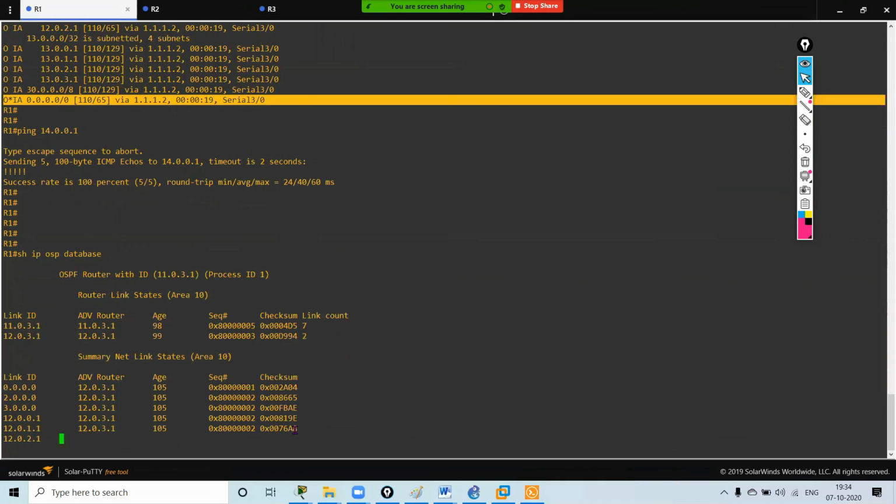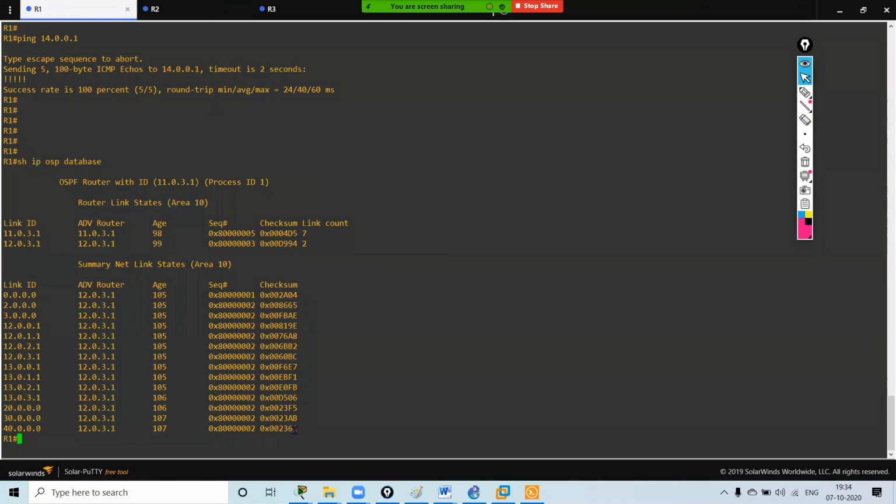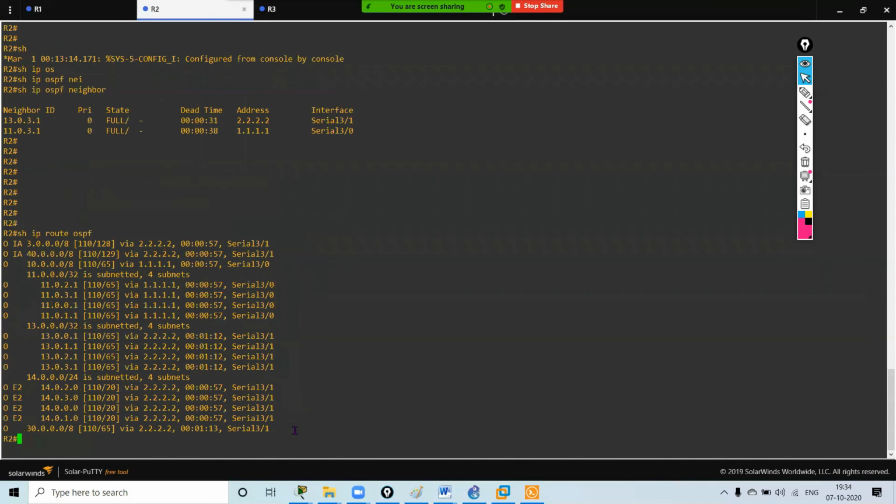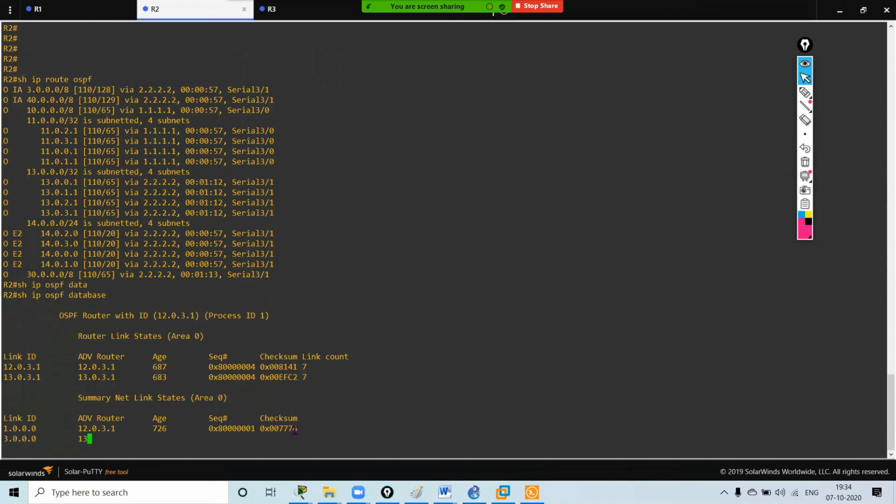Now your question. They are removed? Yes. Got it? On R2, you also ran a stub. So R2 will be having the information. R2 is having the routes. Show IP OSPF database.